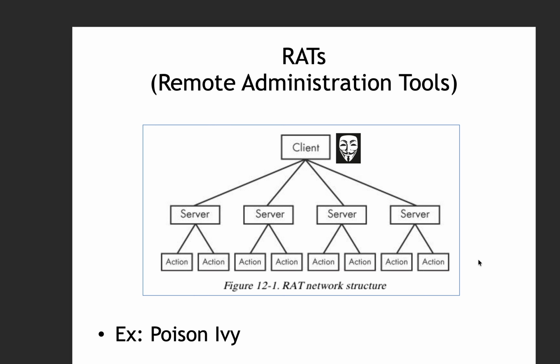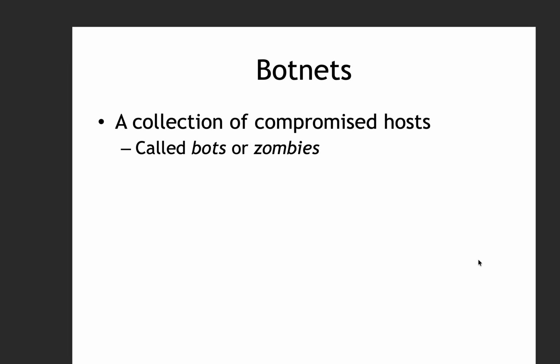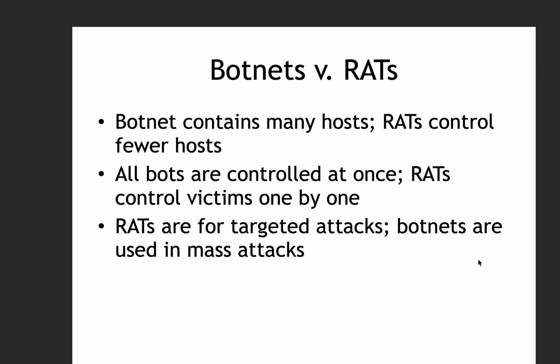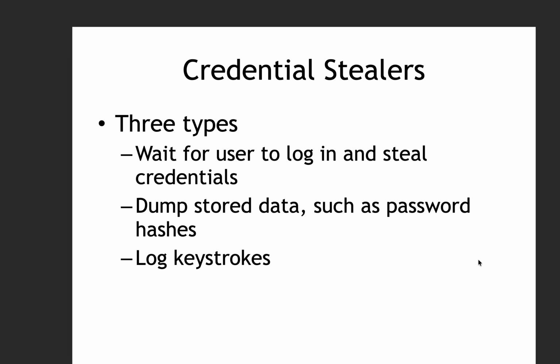So the difference between a RAT and a botnet is just severity. A botnet can control thousands of hosts, also called bots or zombies, and a RAT is only controlling a handful. It's the scalability: because a remote administration tool is only controlling a handful, you can manually give each of your controlled PCs actions to do, whereas a botnet is literally in the thousands, so you're going to send more automated information.